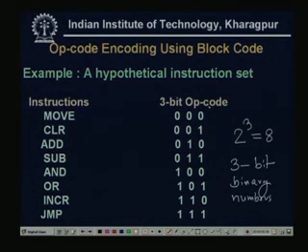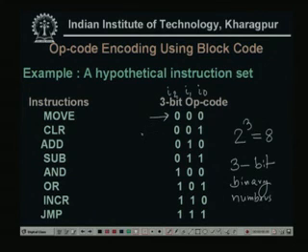Say these are my I0, I1 and I2. Now, move means 0, 0, 0. That means when the opcode field contains 0, 0, 0, the computer understands that this is a move instruction.